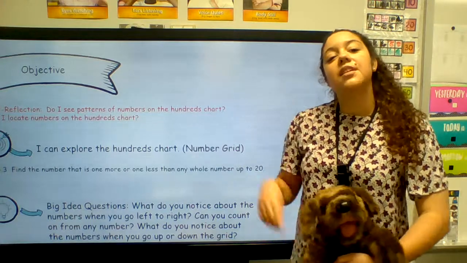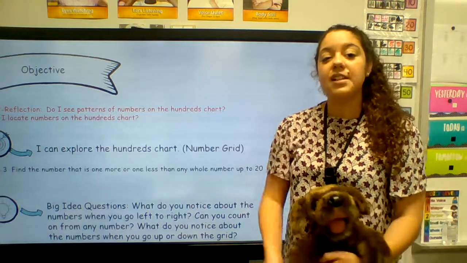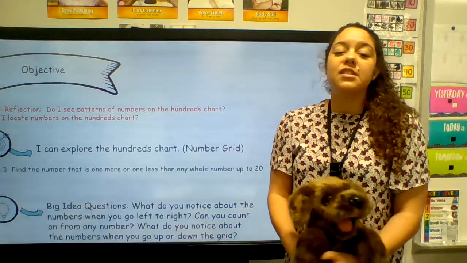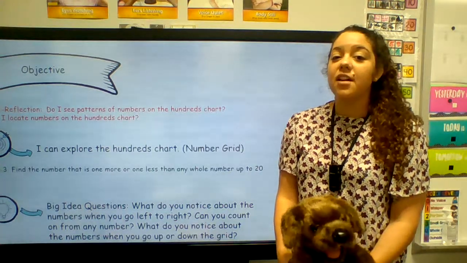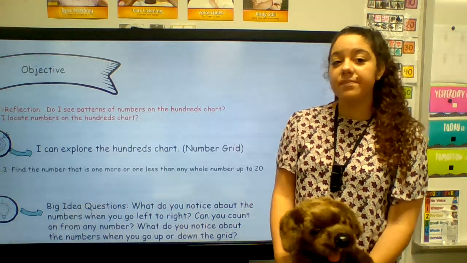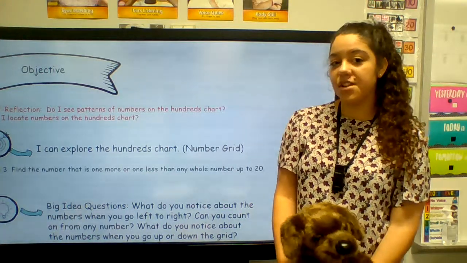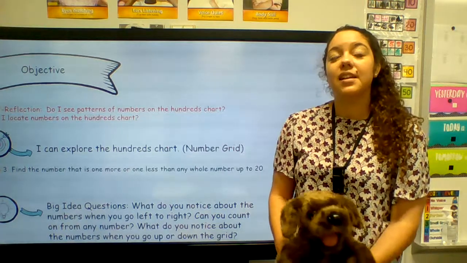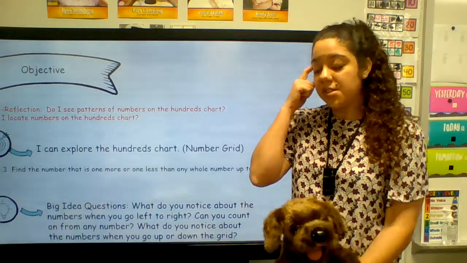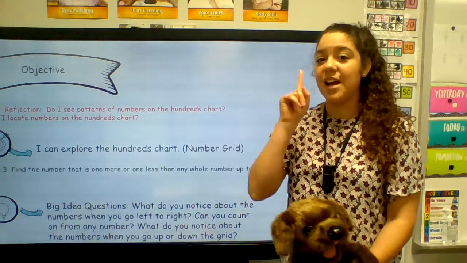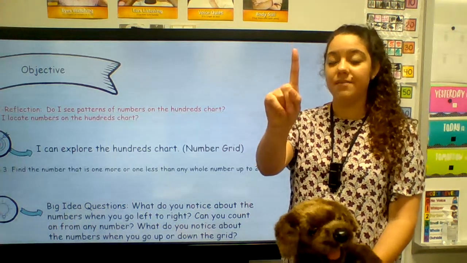Okay, let's do a little bit of self-reflection. That means that you think in your head. Do you see a pattern of numbers on the hundreds chart? And can you locate numbers when you use the hundreds chart? Think, am I able to use the hundreds chart as a tool? If you think, yes, I got this, show me a 1.